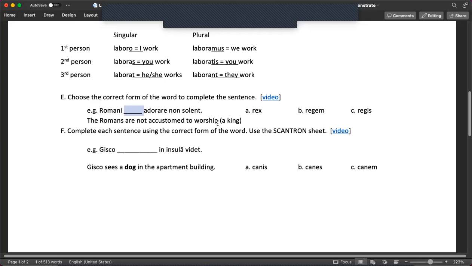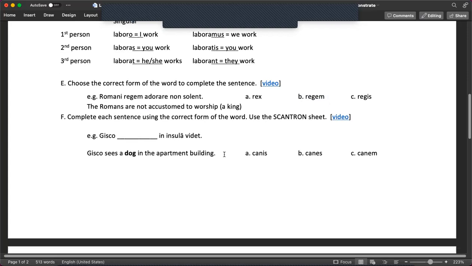I'm looking for the form that ends the sentence. Regem, if I see this em ending, I know this is a form that ends the sentence. And if I see regis, I know that this is the form that means of the king. So letter C is out, letter A is out. So the word I'm looking for in this blank is regem, and that's the word here. So the answer to this one would be letter B.